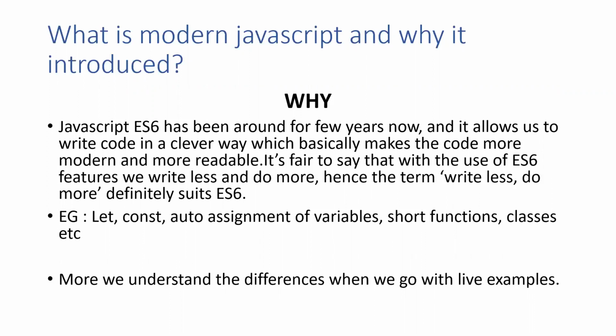In this version, it has variable scopes like let and const, auto assignment of variables, and a short format of method declaration. And there are many more things introduced in version 6.